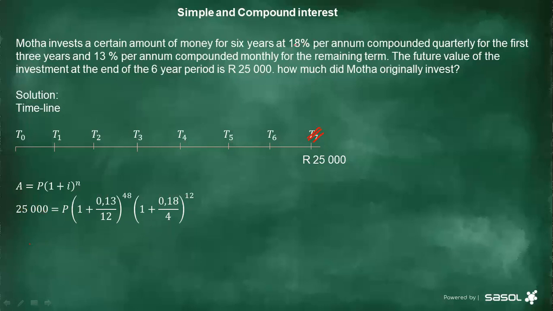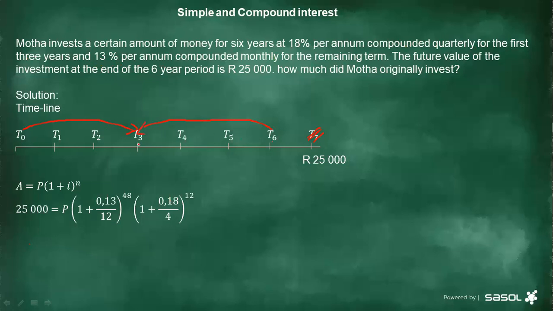Let's go and understand our scenario first. It says 6 years at 18% compounded quarterly for the first 3 years, and 13% per annum compounded monthly for the remaining term. Now we first have 3 years, up to this point is going to be 3 years, and from here it's how many years? 1, 2, 3, 4.